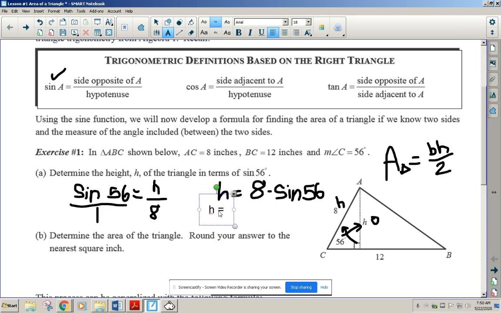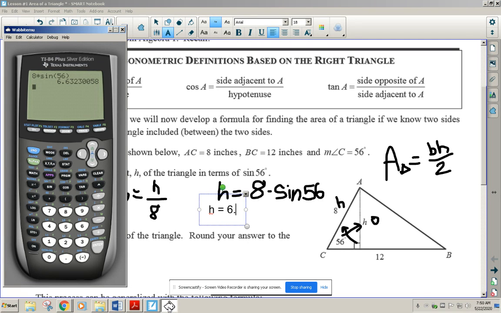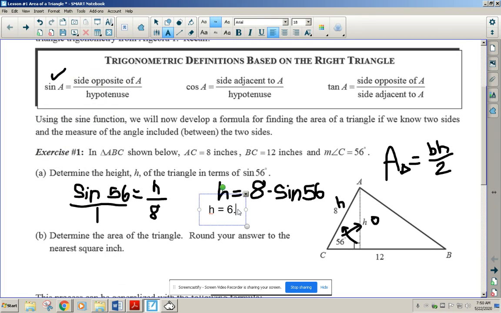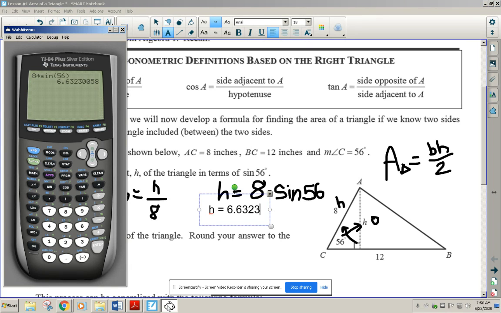My height is now equal to 6.6323. So I'm going to stop it there because after the 3 are 2 zeros.